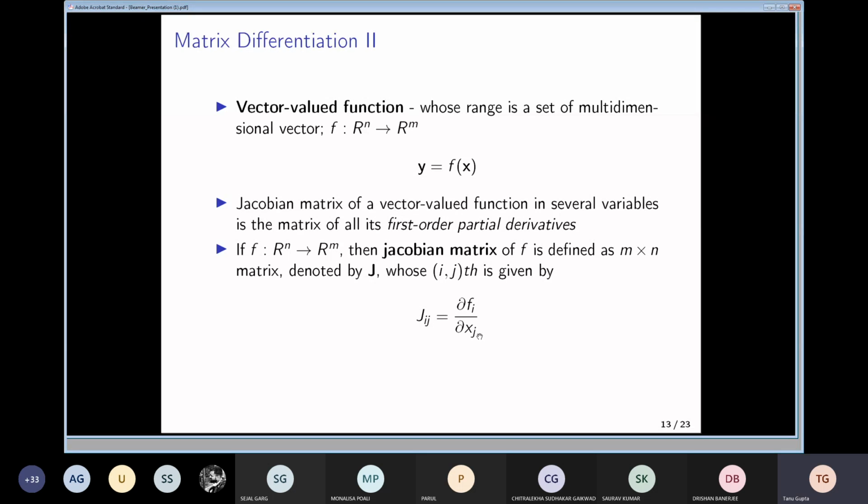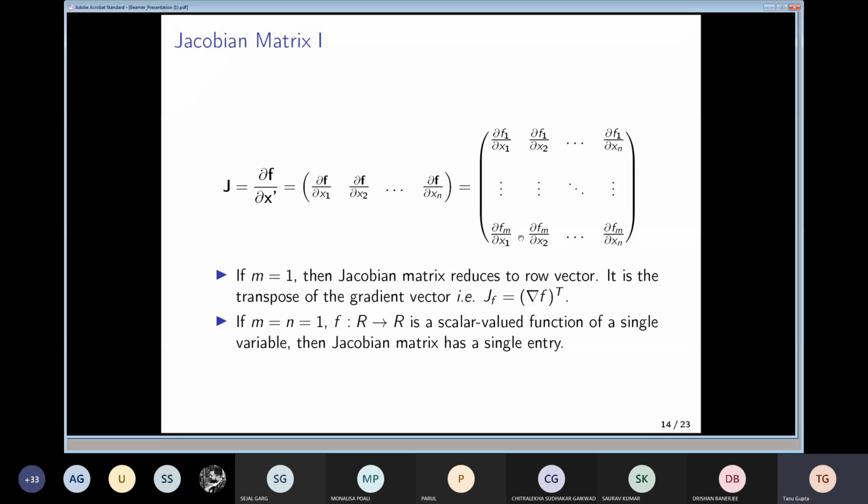What does it mean? For example, the first element of this J matrix is nothing but the partial derivative of the first element of vector y with respect to the first element of vector x.